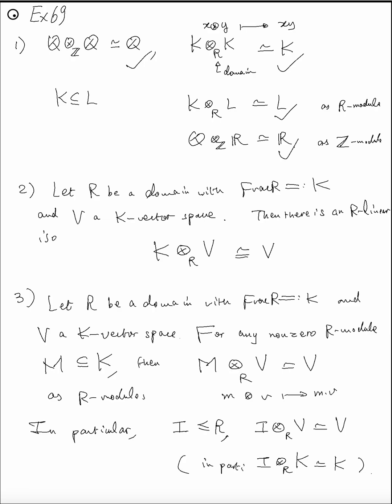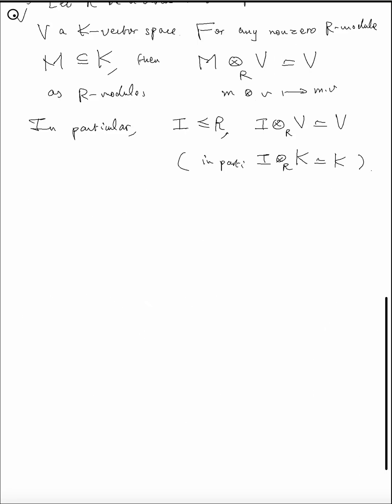So let's start to prove it. Mainly we prove this 2 and 3. The technique is very similar, you will see. Let's start with the first one. So obviously we always start with the universal property to construct a map.